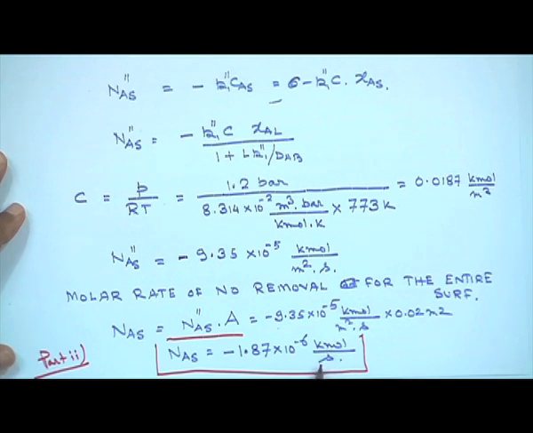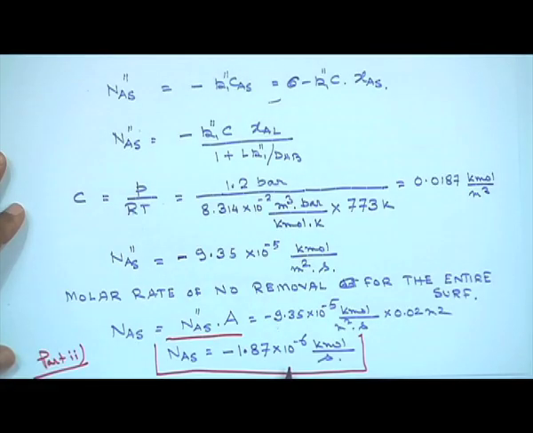So, in terms of kilomole per second, this gives you the total amount of A which gets converted into the products.